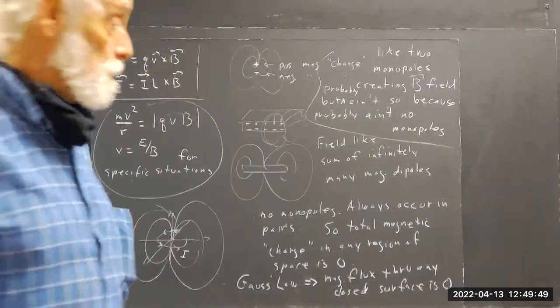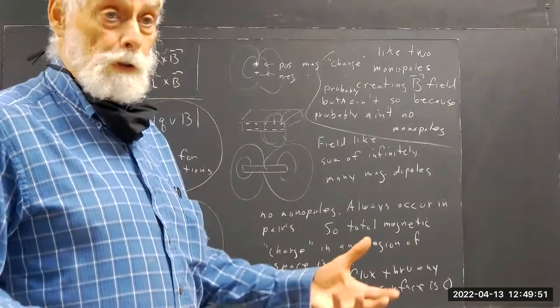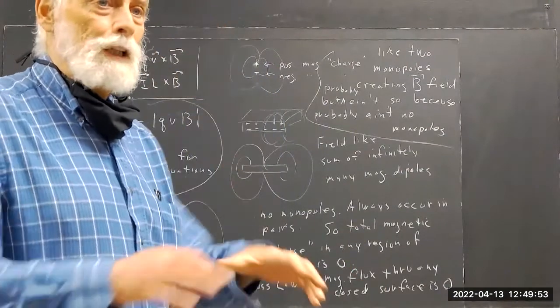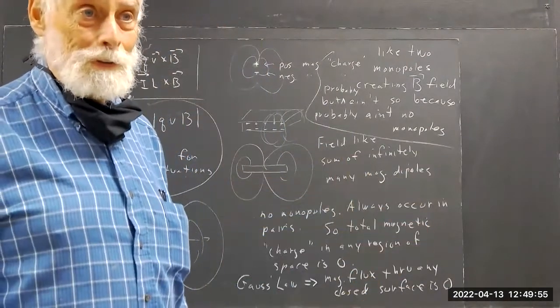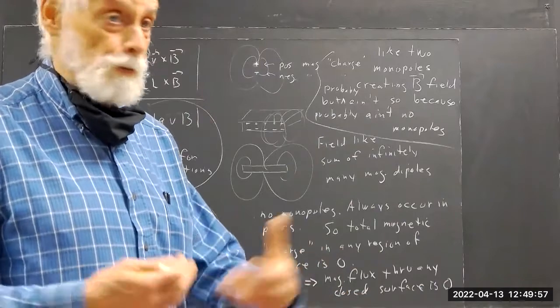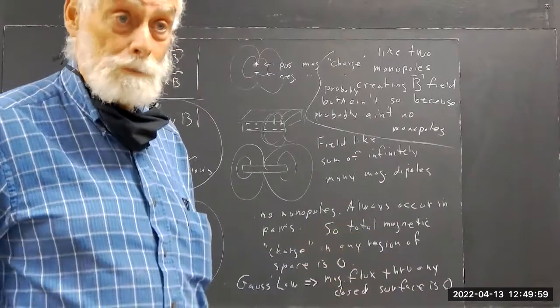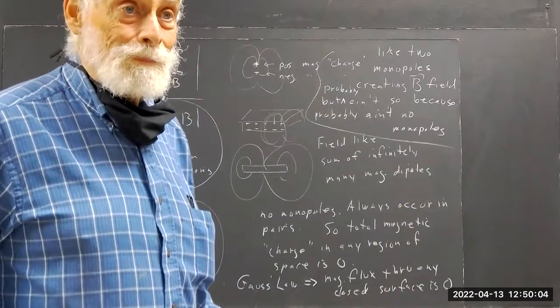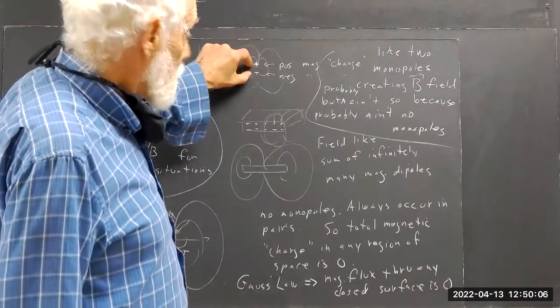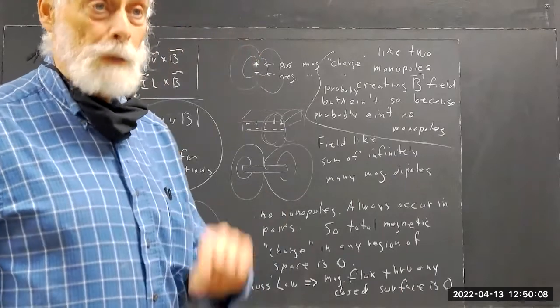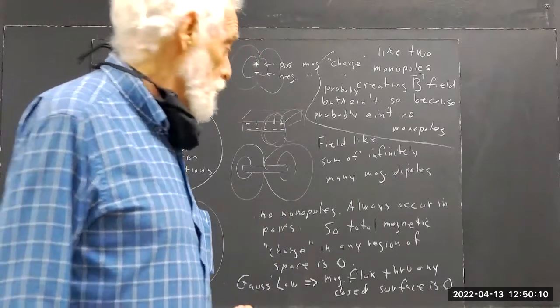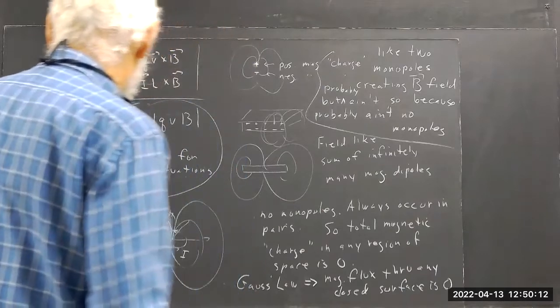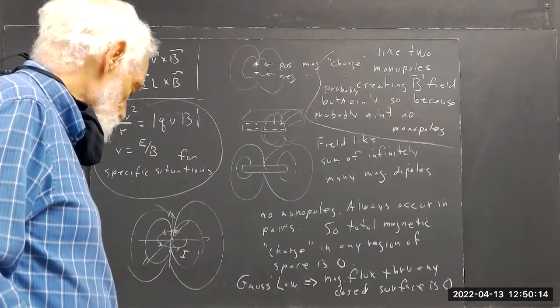And unlike for electric field, electric charges, you can't contain any charge within a surface, any net charge. The positive and negative is always equal, always occur in equal quantities. It always occurs in dipoles, never in monopoles.